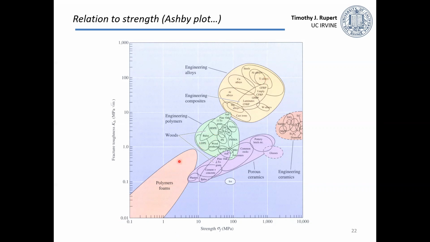Okay, I guess that's true. But there's some deviation. Some materials follow along other lines and other trends. Okay? So generally, my engineering alloys are really high on the toughness on the vertical axis, and they do okay on the strength. Whereas the engineering ceramics do great on the strength and are just okay on the fracture toughness. So this tells you how we can delineate between these two different classes of materials.